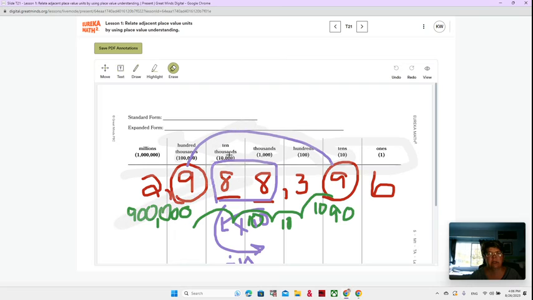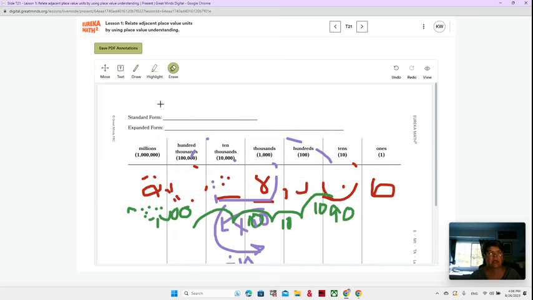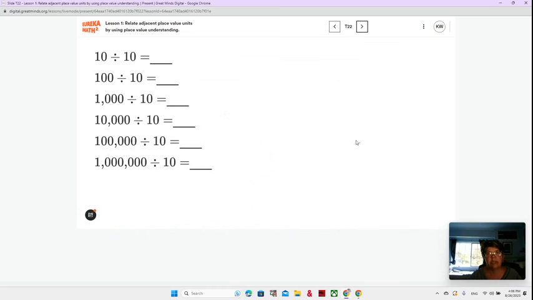So you can see 1,000,000 and then 100,000. And then 100,000 divided by 10 is 10,000. And then 10,000 divided by 10 is 1,000. So you're just going one over each time you're dividing by 10.